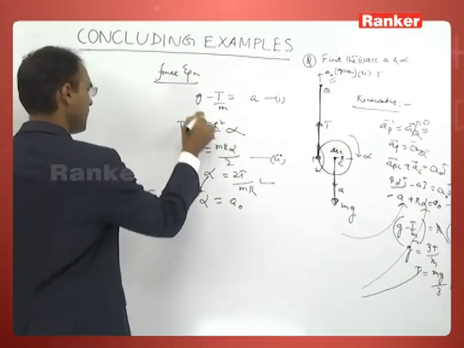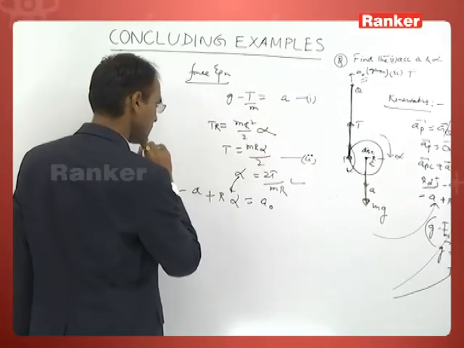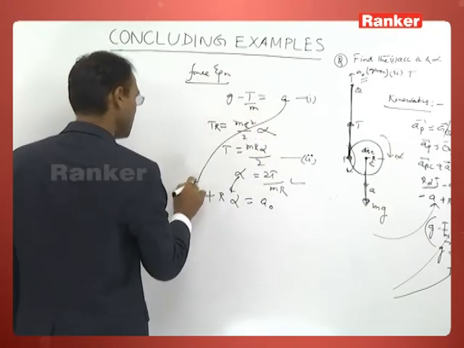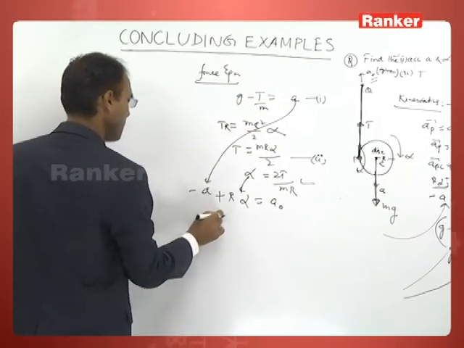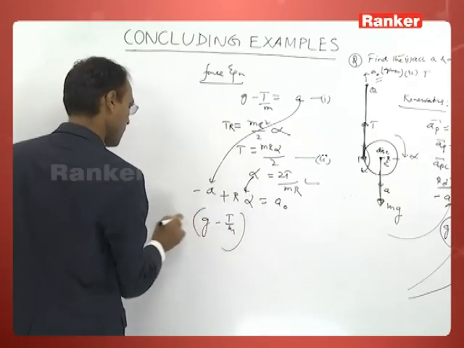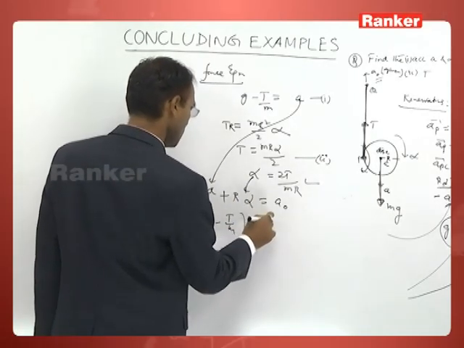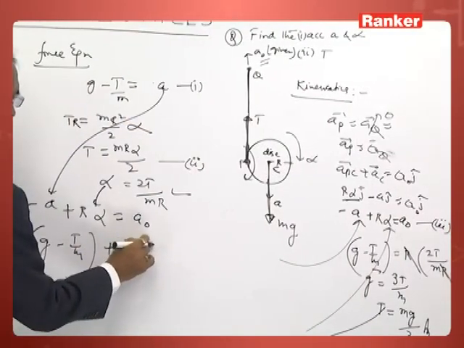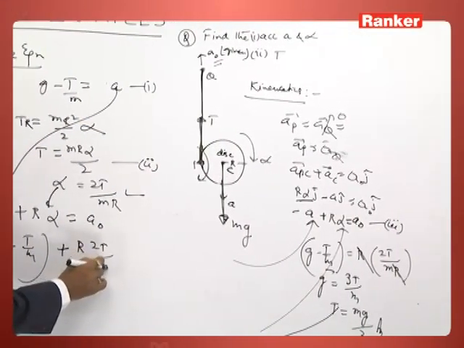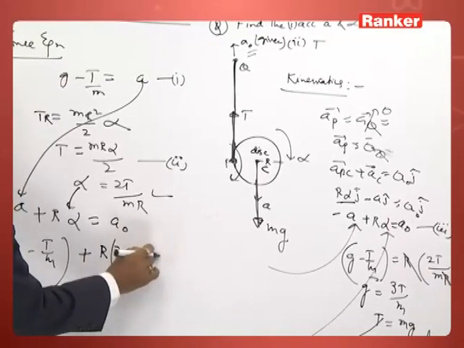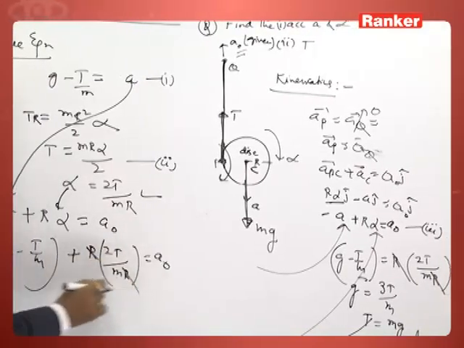Alpha, you substitute here, and you substitute the acceleration to get g minus T by M, negative of this, plus R alpha, which is 2T by M, is equal to A naught.